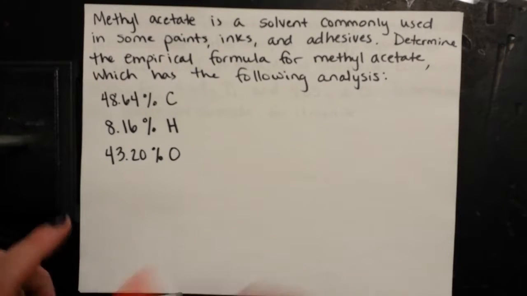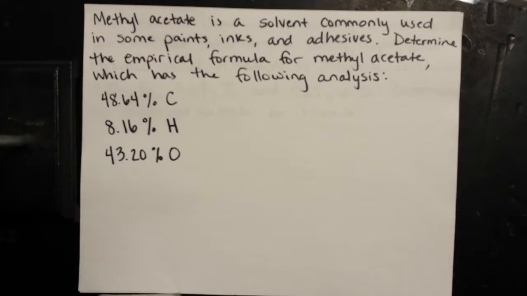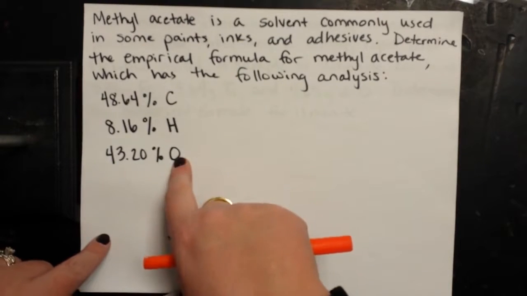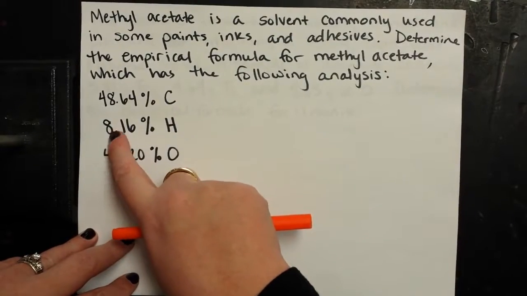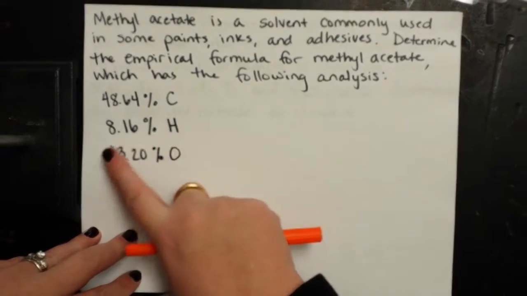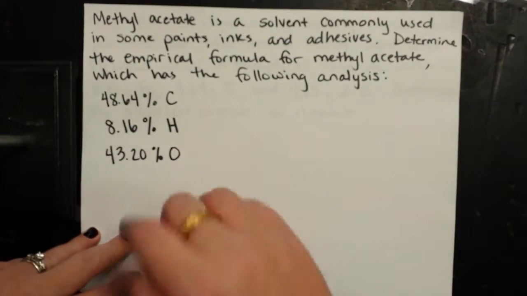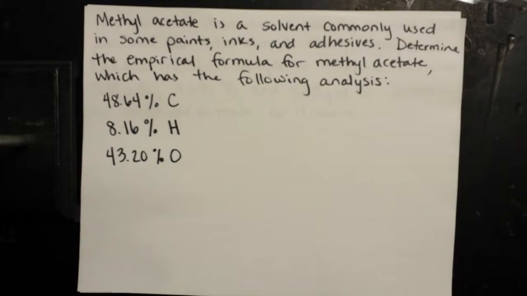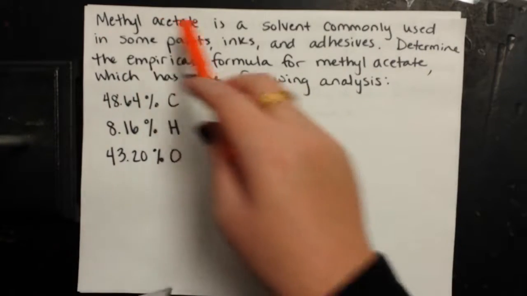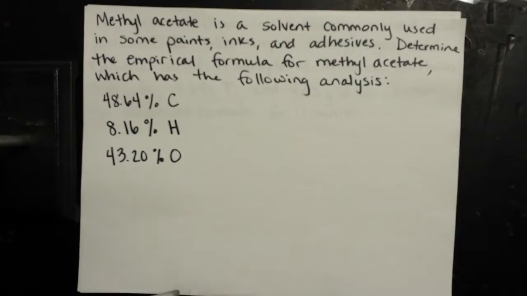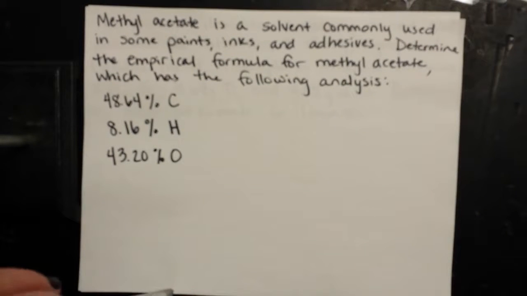Alright, so here, let's say that we put methyl acetate through a bunch of tests and we found the percent composition. We know that it's 48.64% carbon, 8.16% hydrogen, and 43.20% oxygen. And we want to figure out what its empirical formula is. Now, if you notice, there is not a sample size. It doesn't say that I took 4 grams and got this chemical analysis.